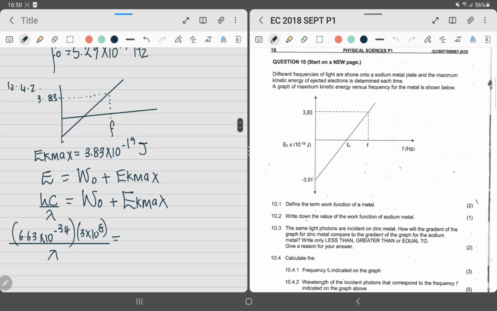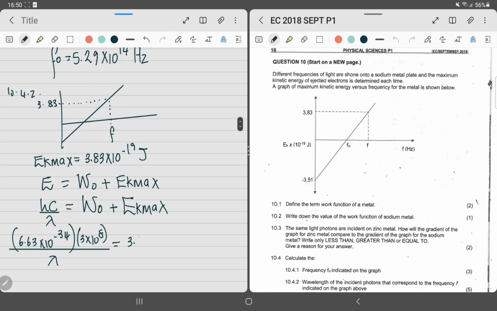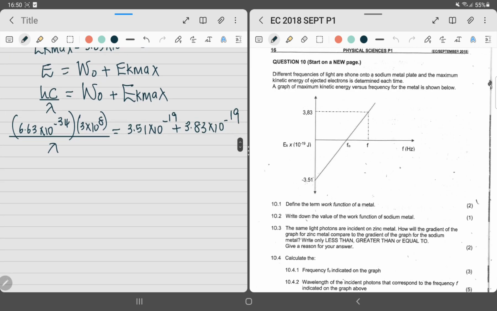The work function is 3.51. And the EK max is 3.83 times 10 negative 19. So this side I'm getting 7.34 times 10 negative 19.